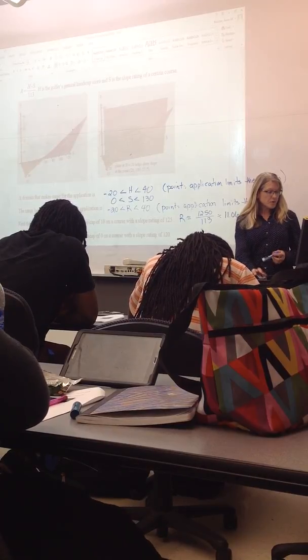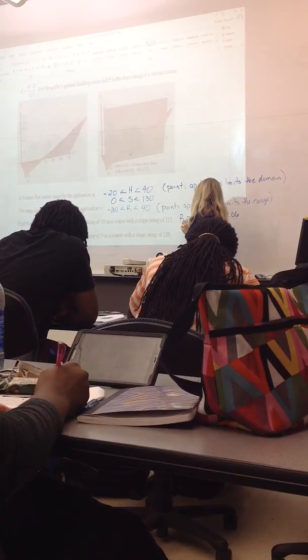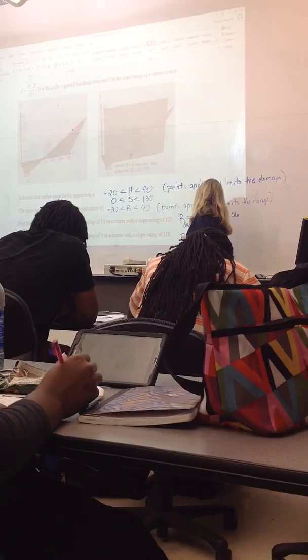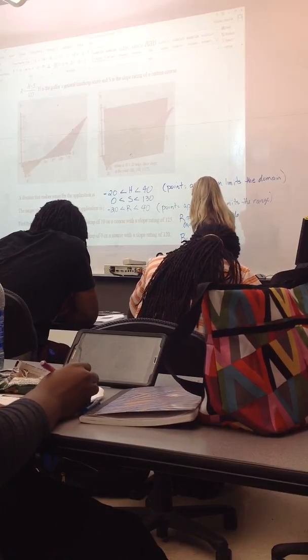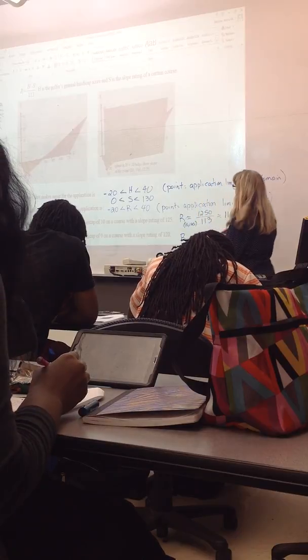And if a person's general handicap was 0, and the slope rating was 120, we are going to get 0.